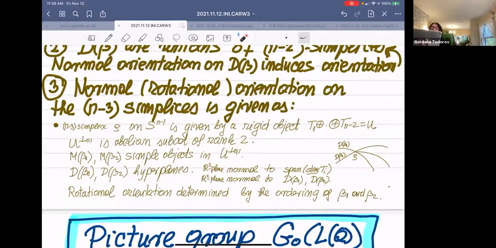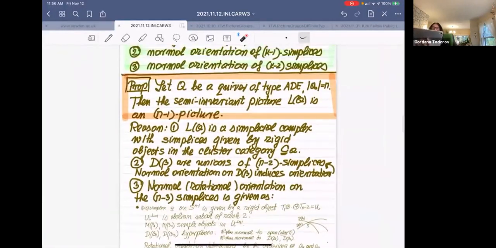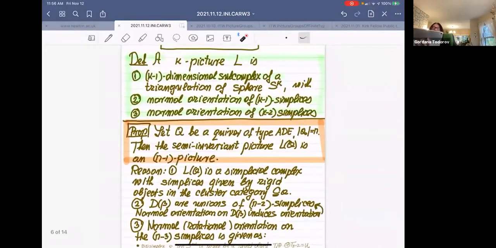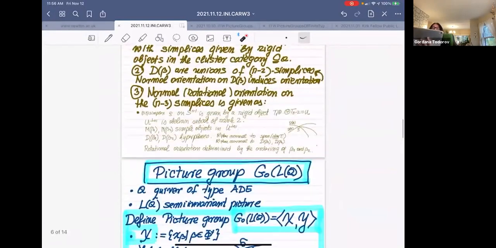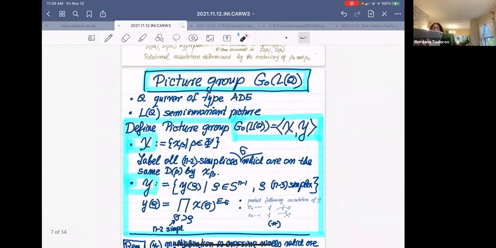Okay, so this now says that the semi-invariant picture is an N minus one picture in the formal sense. Now with the picture, we define a picture group.